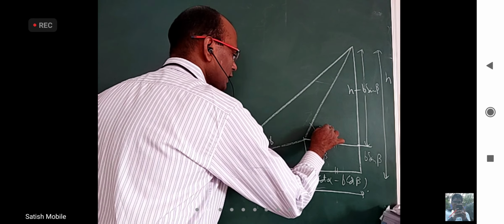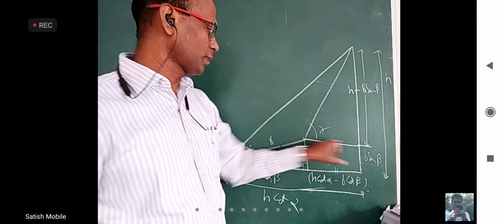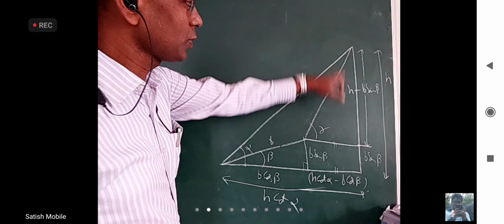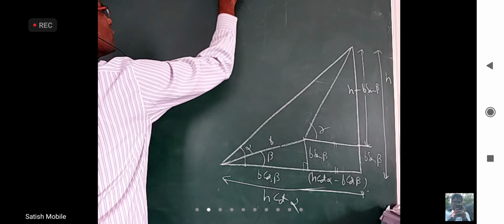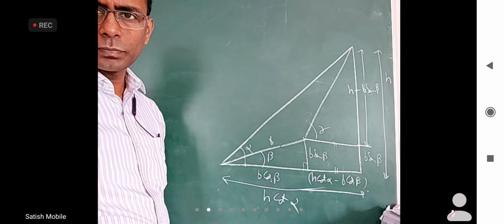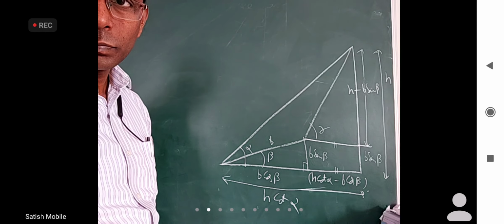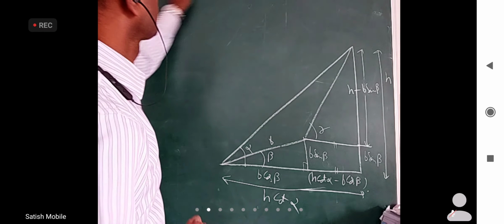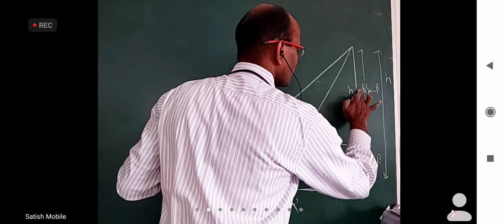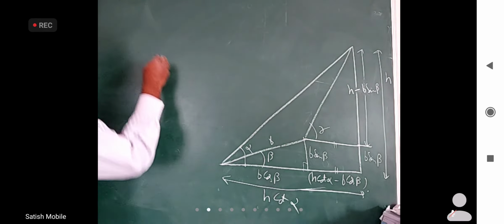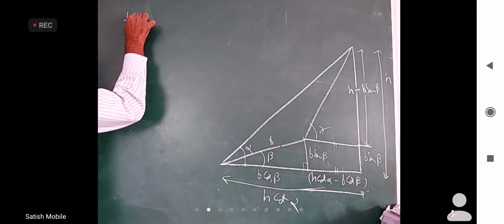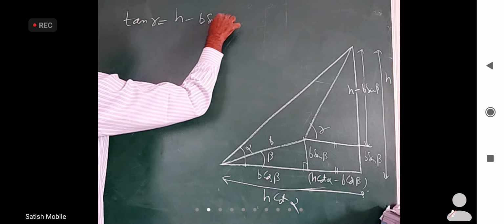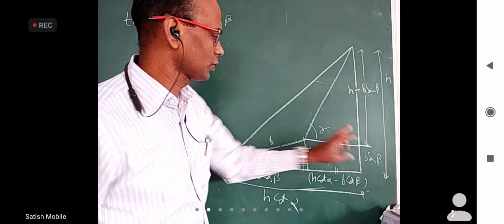Now I will take gamma. Simply take tan gamma is this side by this side. Tan gamma is equal to opposite side, which is H minus B sin beta, that is from here to here.